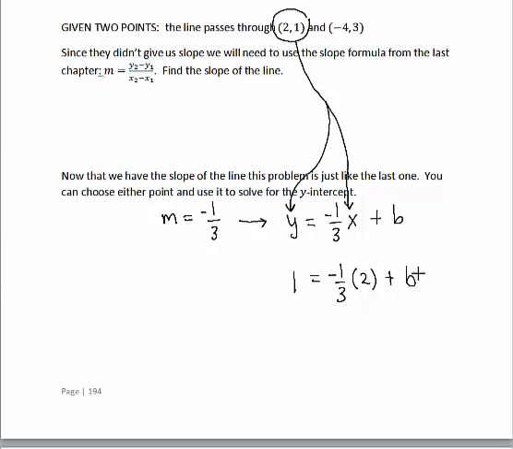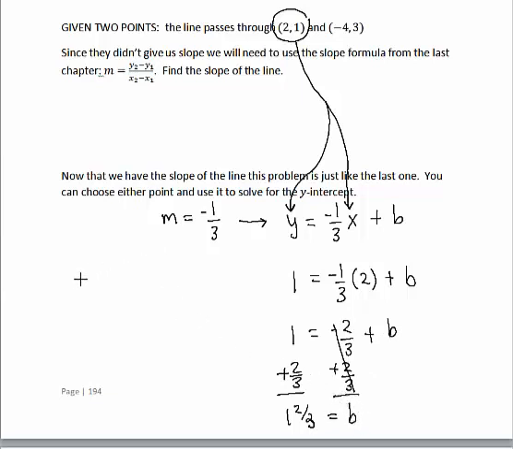And so I can solve for my y-intercept that I need. -1/3 times 2 is -2 over 3. I add 2 over 3 to both sides, and I get 1 and 2/3 equals b, and the 2/3 on the right has canceled, leaving b by itself.